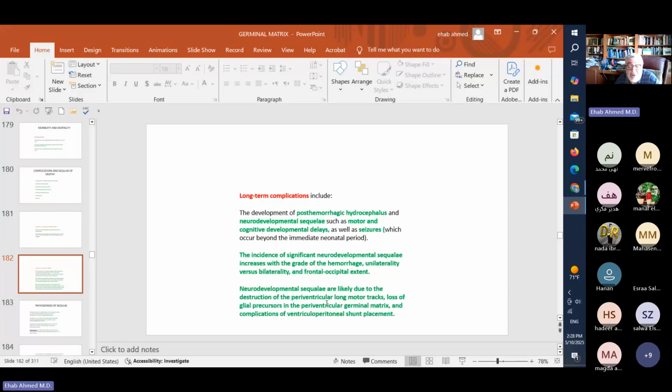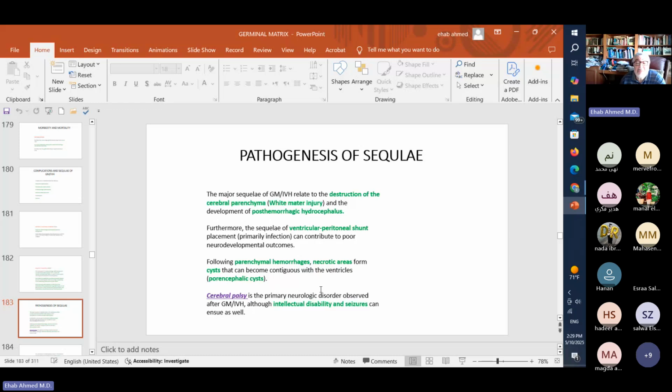Neurodevelopmental sequelae are likely due to the destruction of the periventricular long motor tracts, loss of glial precursors, as we mentioned before, and the periventricular germinal matrix, and complications of ventriculoperitoneal shunt if there is a shunt. Okay? So how do they develop, what is the pathogenesis of these sequelae?